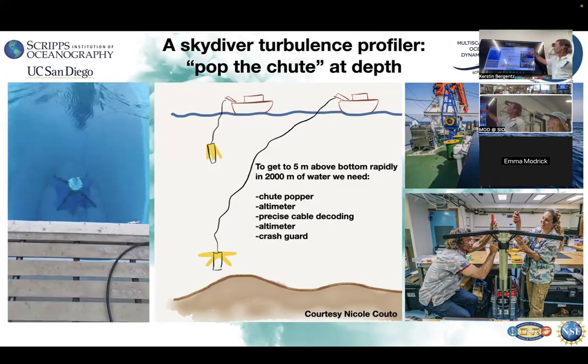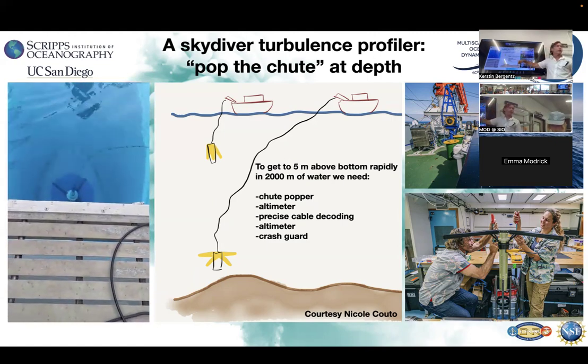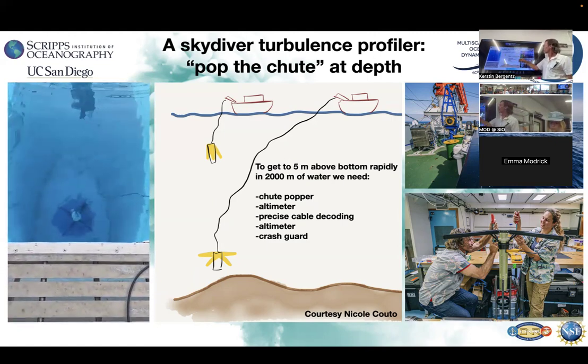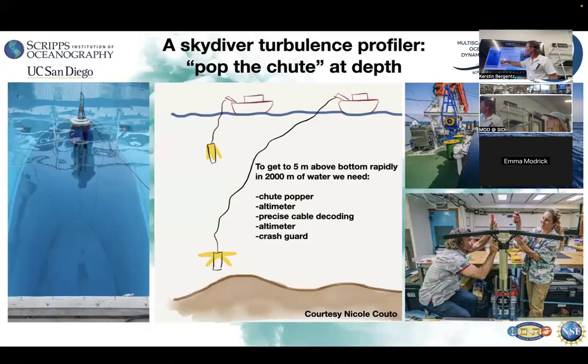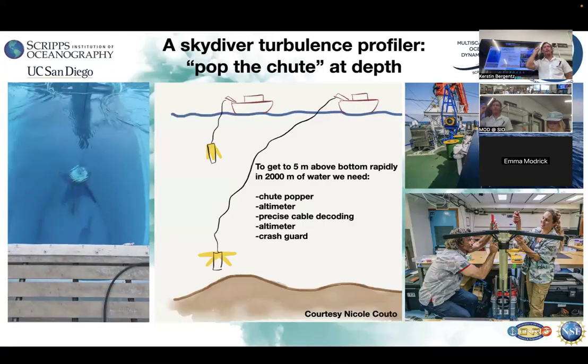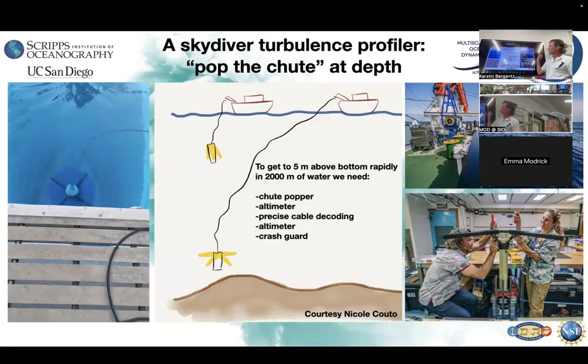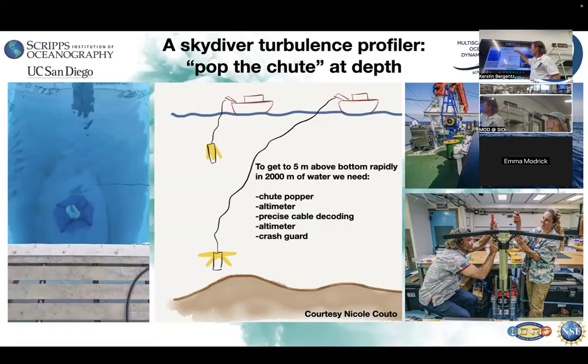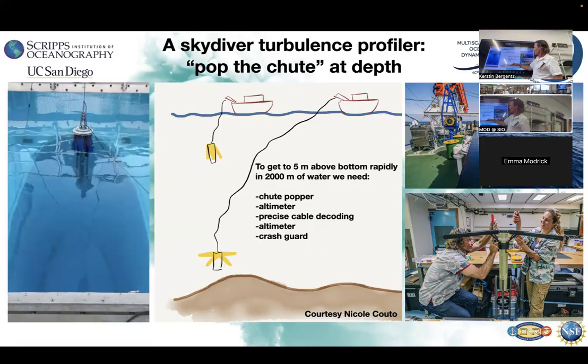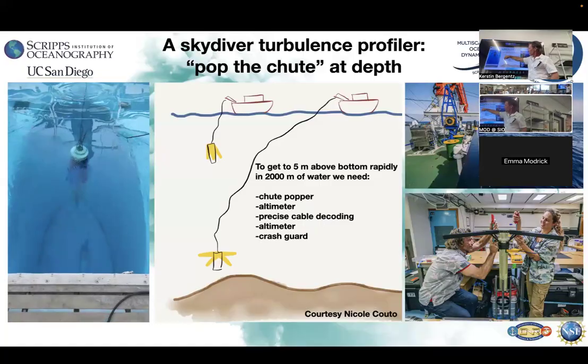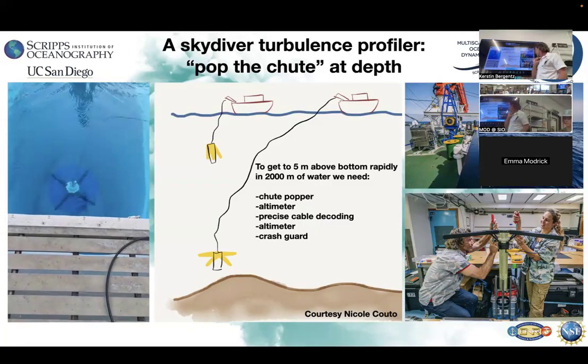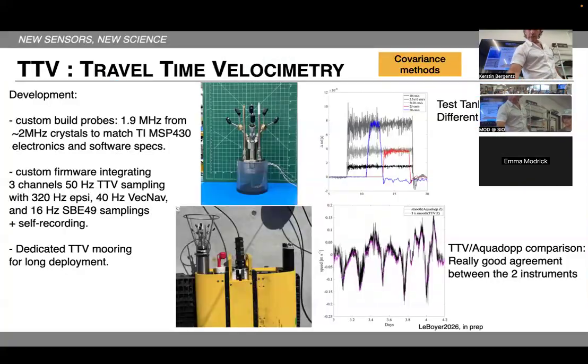We wanted it to plummet like a stone until we got near the bottom, and then pop the chute open. So we developed this capability to send a command down the wire. It's basically turned from a parachuter, where the chute is open the whole time, into a skydiver that's falling fast until we tell it to open. That's an example of the kind of thing we were trying to do.